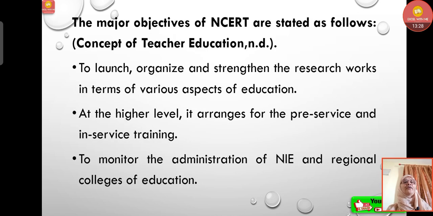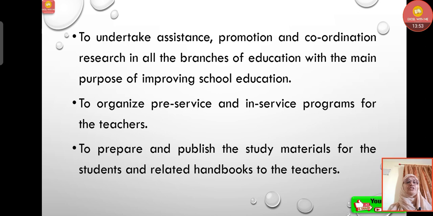Now, what are the major objectives of NCERT? To launch, organize and strengthen the research works in terms of various aspects of education. Then at a higher level, it arranges for pre-service and in-service training. Then to monitor the administration of NIE and the regional colleges of education.